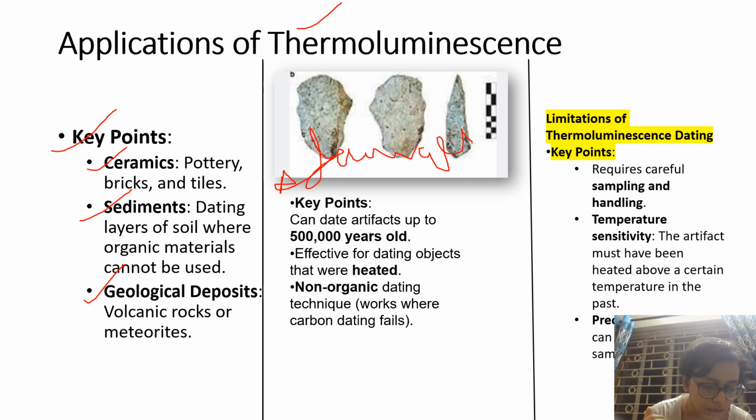And the object must have been heated above a certain temperature in the past, otherwise the dating will not work. So you have to ensure the accuracy of the temperature, so you will get the precision of the TL dating. Then you will get the exact result.